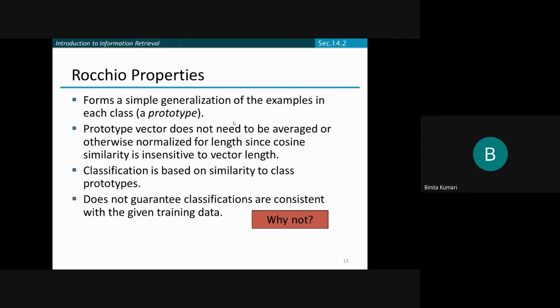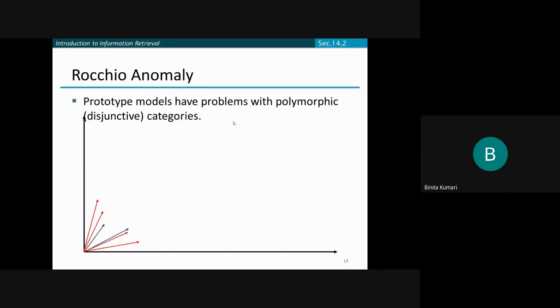But it does not guarantee that classifications are consistent with the given training data. Now these types of models, like finding out the centroid and then working upon finding out the class, have problems with disjunctive categories.